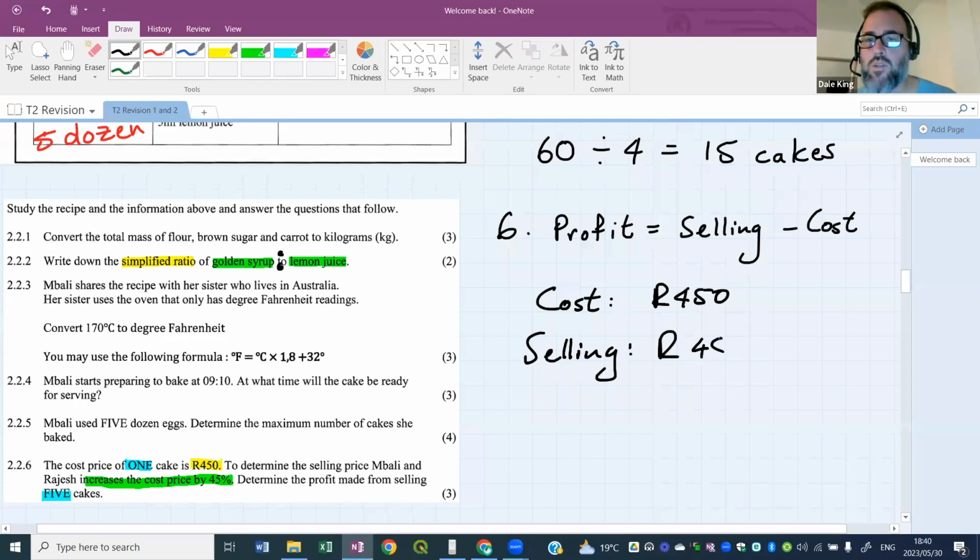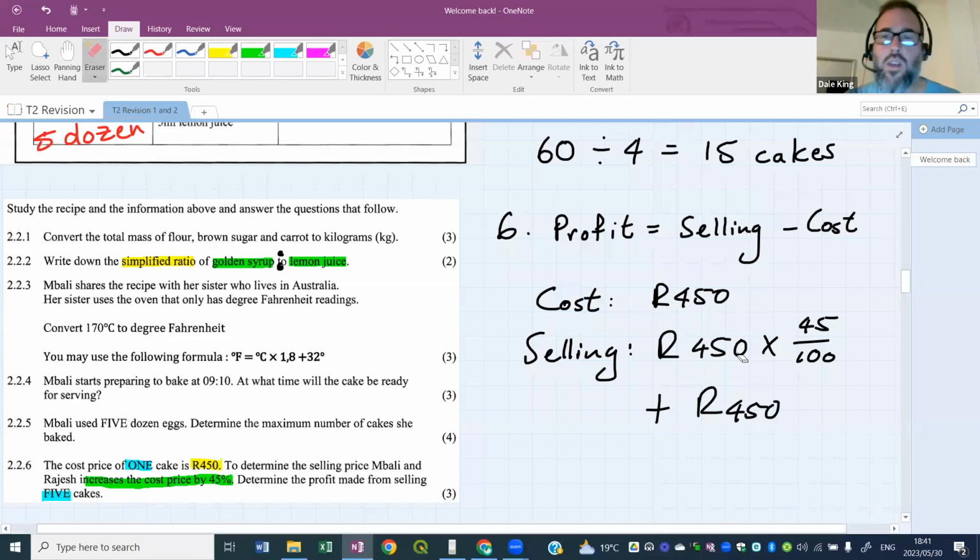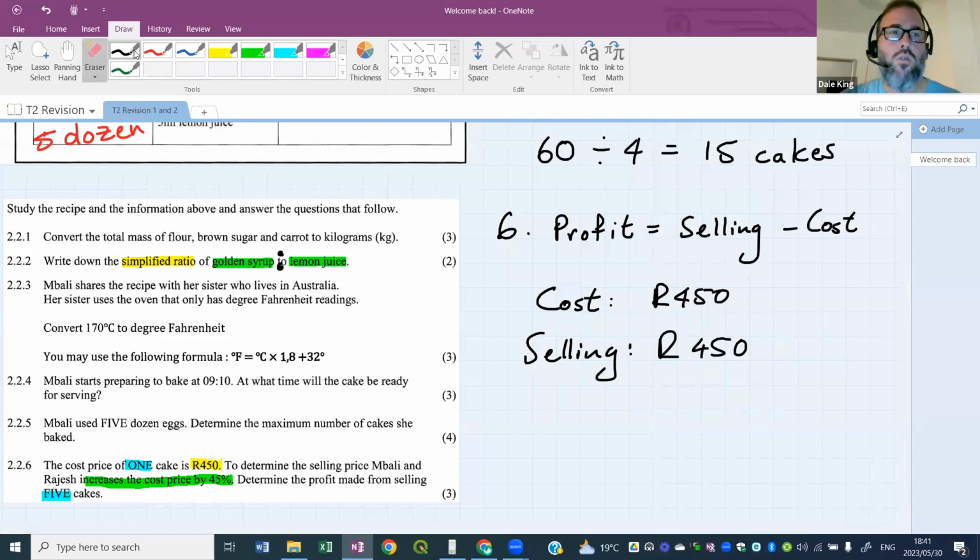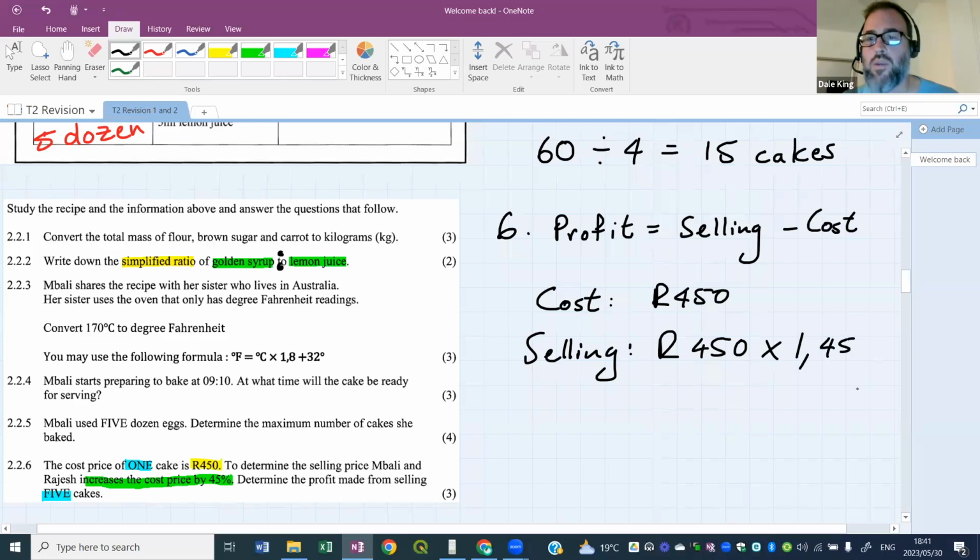What you guys might be doing is saying 450 times 45%, 45 over 100, and then adding that on to 450 again, okay? I'm sure some of you are doing that method, but I taught you such a cool, quick method to do this. Instead of doing 2 steps, we just multiply by 1,45, with the 45% written behind the decimal. Okay, so this will give us a selling price.